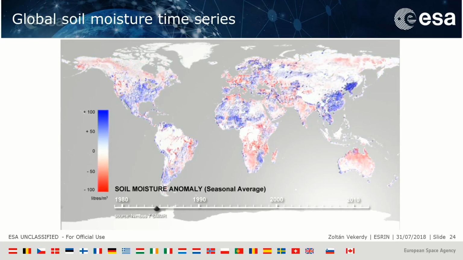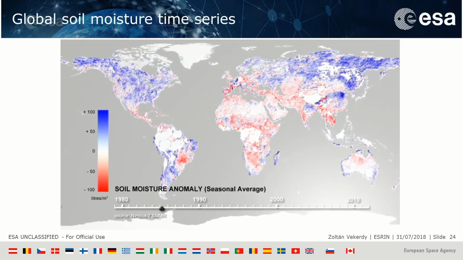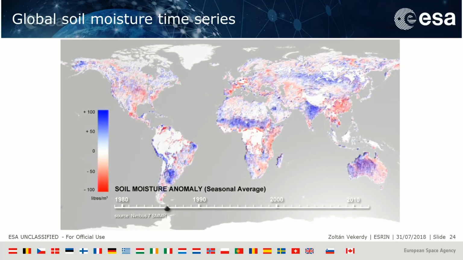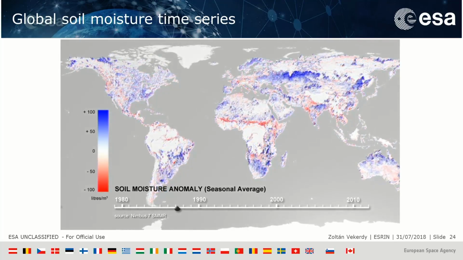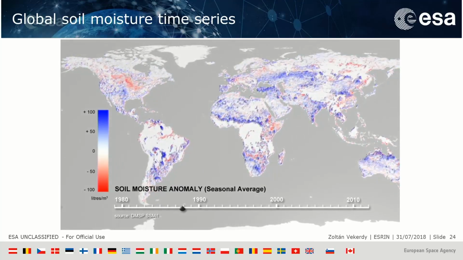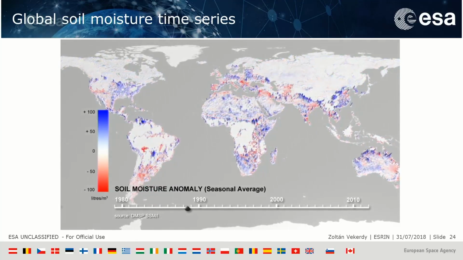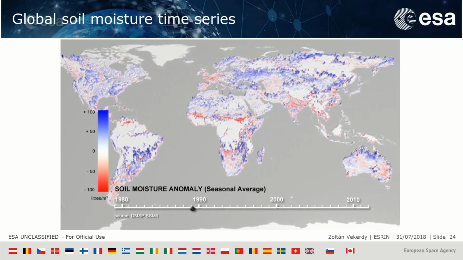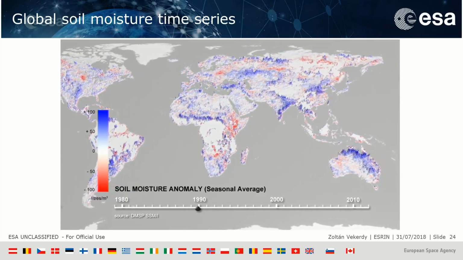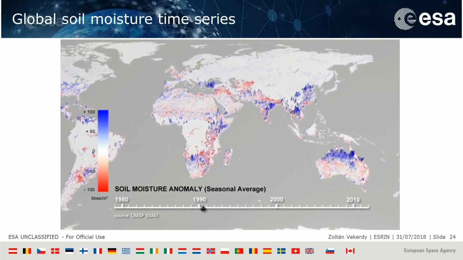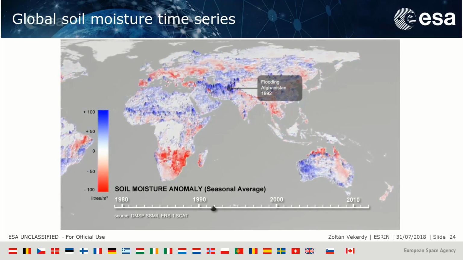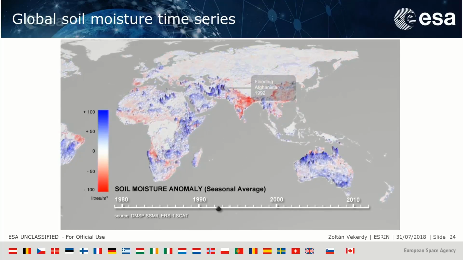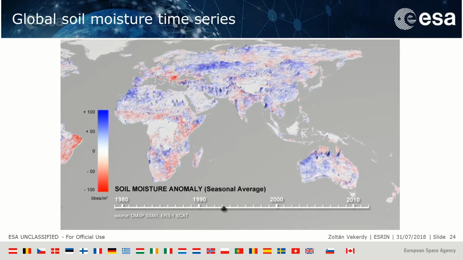And now what you see is the soil moisture anomaly. In fact, the deviation from the average, long-term average soil moisture value at each pixel. And here you see on the timeline how the animation is progressing in time. The blue areas are the areas where you have more soil moisture at that moment than average.